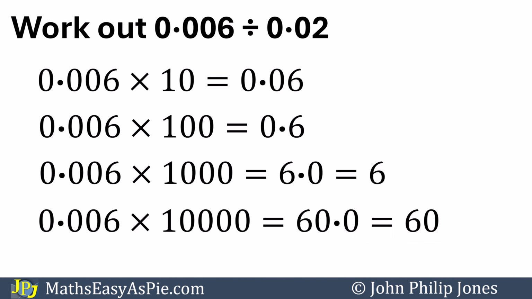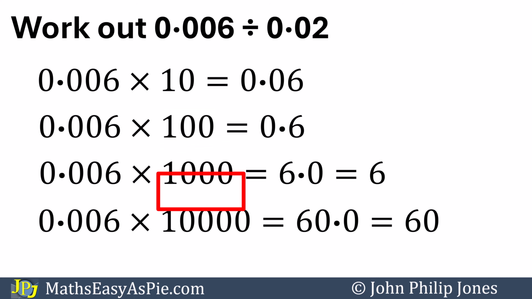If you look at this, another way in which you can memorize what you need to do with the decimal point, have a look at how many zeros are in 10, and the answer is 1. So that tells you you move the decimal point once. There are 2 zeros in 100, so that tells you you move the decimal point twice.